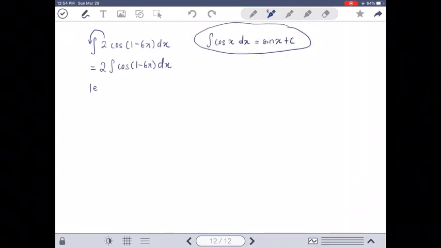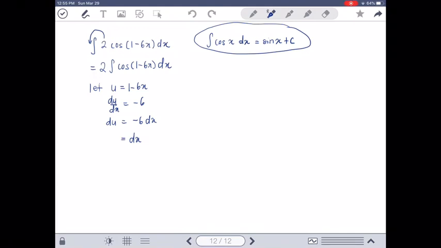So let u equal 1 minus 6x, du over dx is equal to negative 6, du is equal to negative 6 dx. Therefore dx is just equal to negative 1 over 6 du.